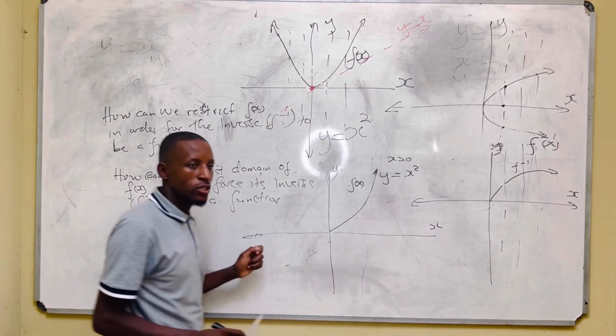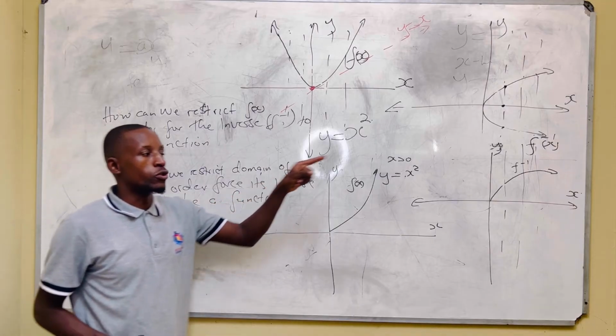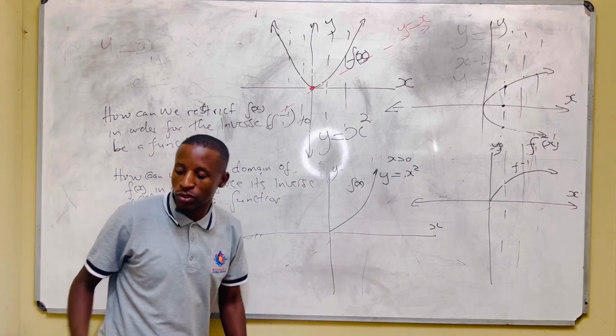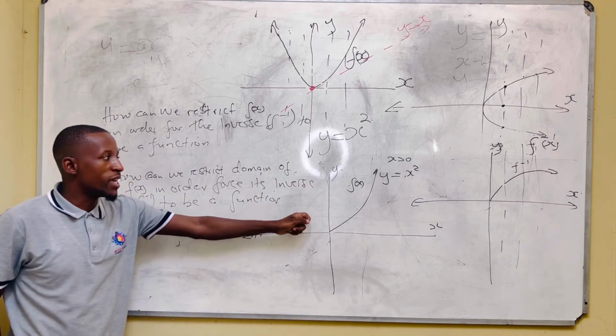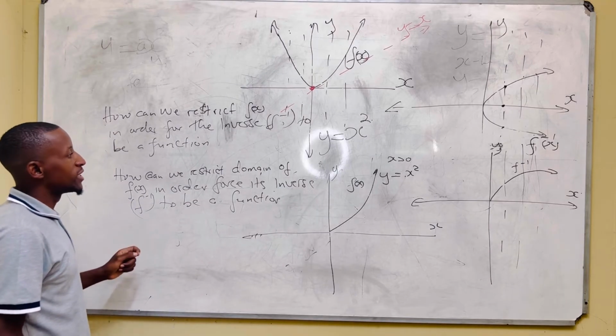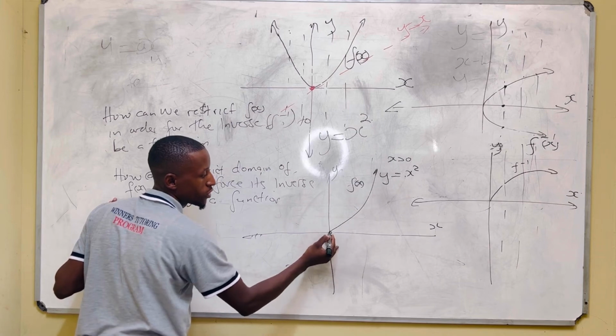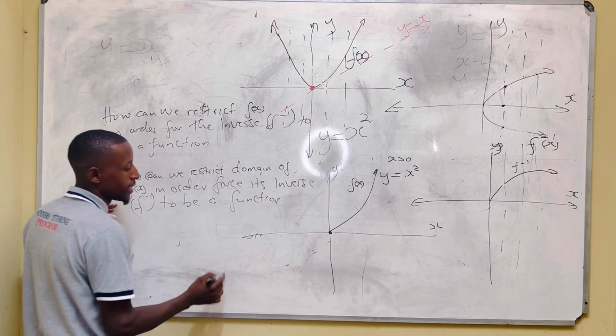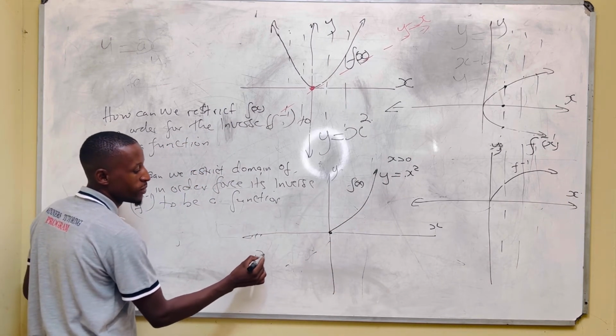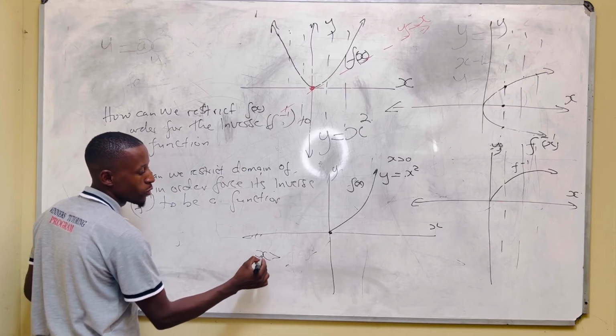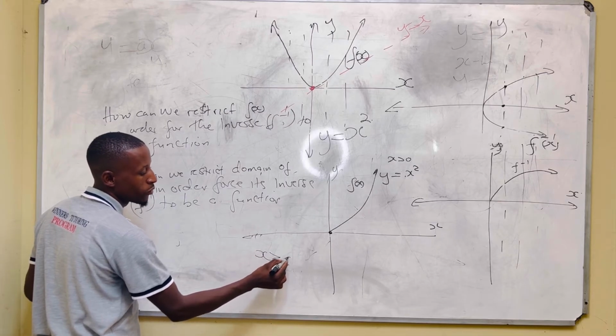The question did not ask you to draw the inverse. It asks you, what can we do to the domain of this one? What we did is make this one only appear from 0 going that side to infinity, meaning we have made the domain such that x will be greater than or equal to 0.